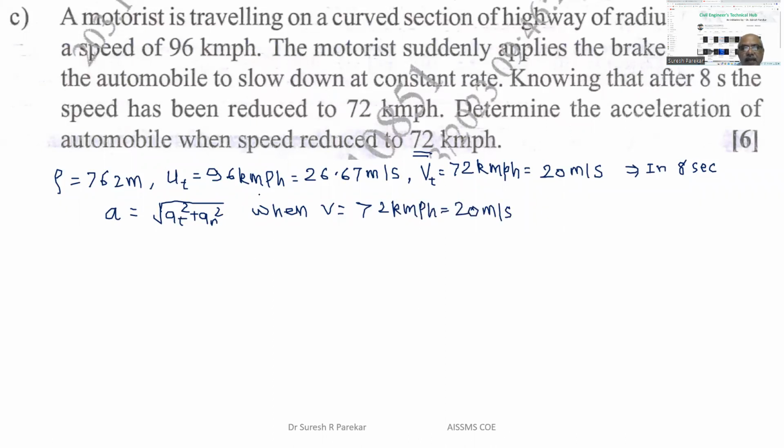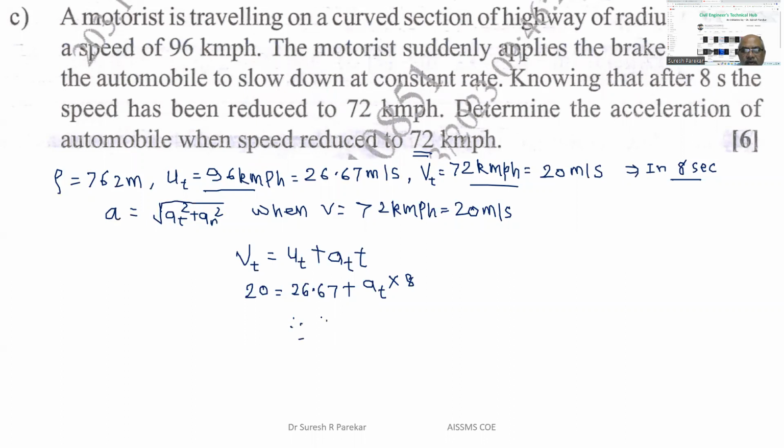Now we have given u, we have given v, we have time t. So we have Vt is equal to ut plus at into t. Vt we have 20, ut we have 26.67 plus at into t is 8.